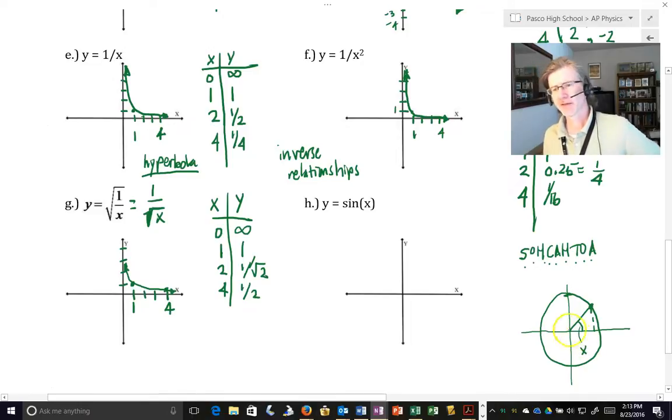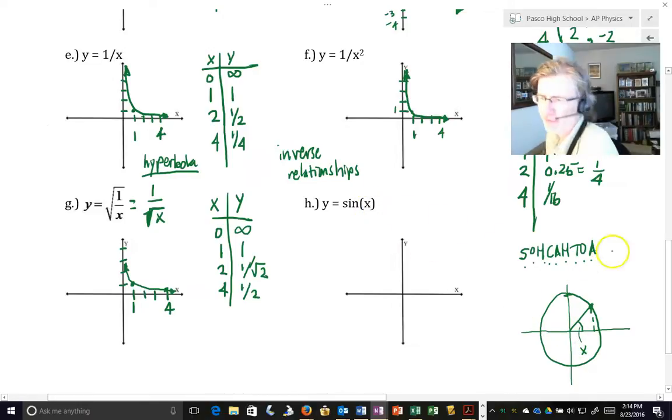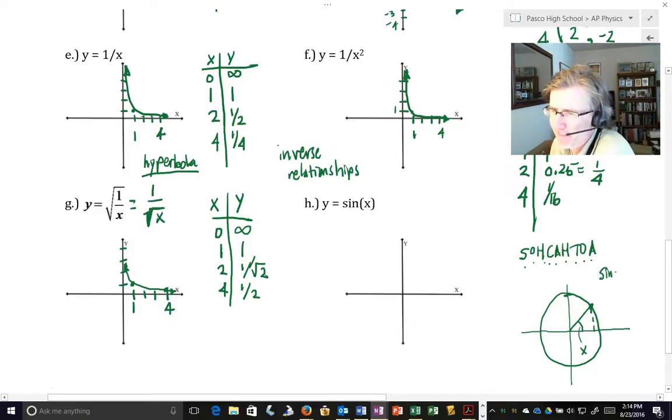In this case, the sine of the angle is y, because sine is the opposite over the hypotenuse. But the hypotenuse is always 1, so the sine of x is the opposite. Which means this length right here is the sine of that angle.